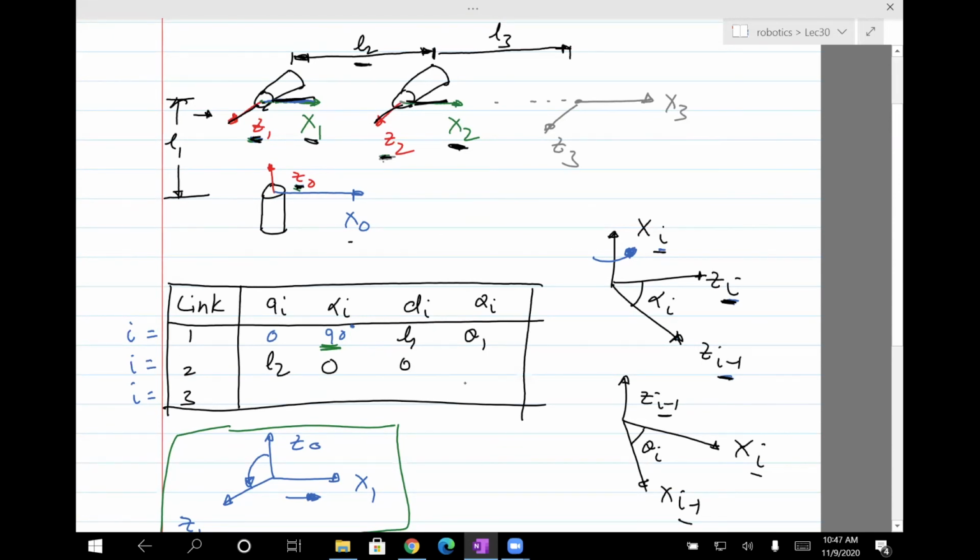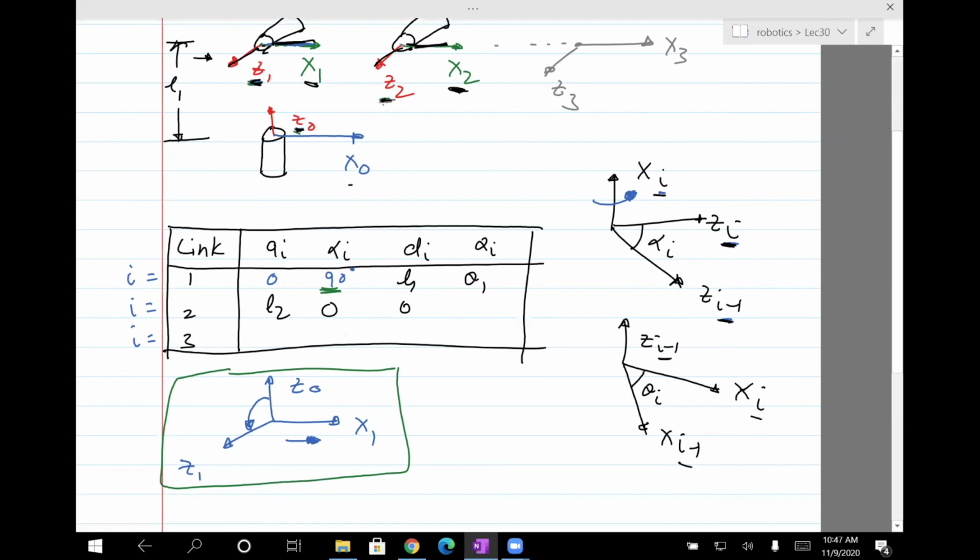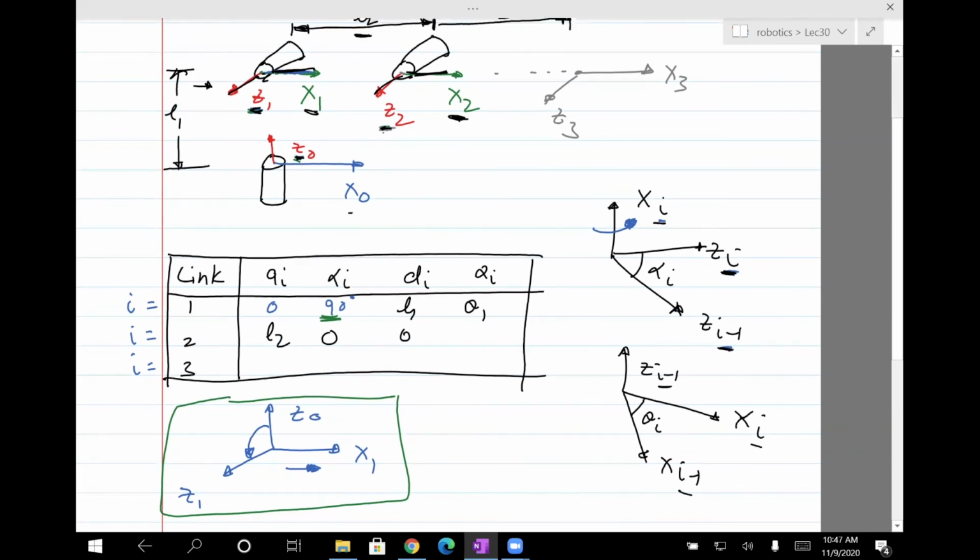And then the angle between x1 and x2 along z1. That is 0 right now because they are parallel. But when z1 rotates this way, theta 2, that angle is not going to be 0. It's going to be theta 2.